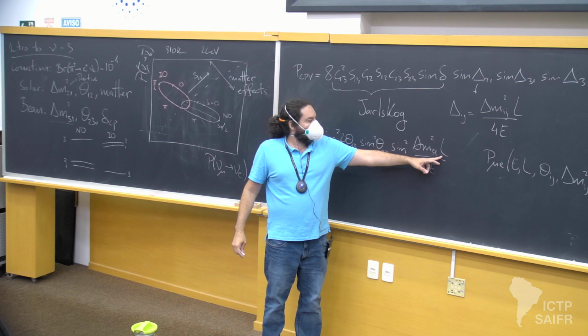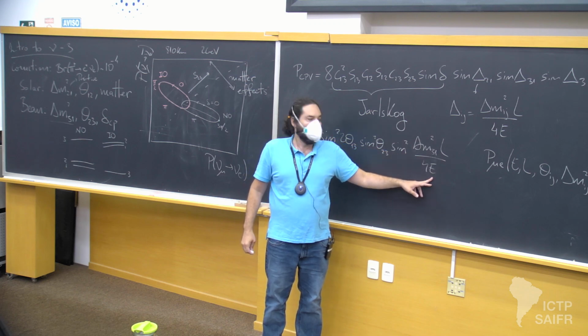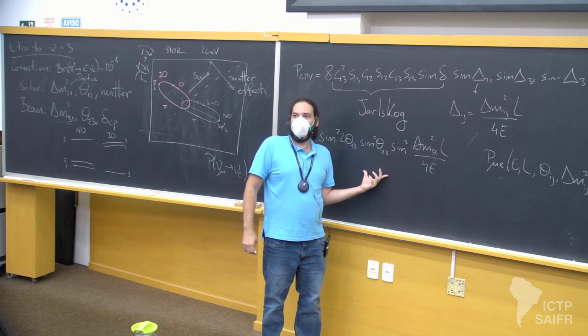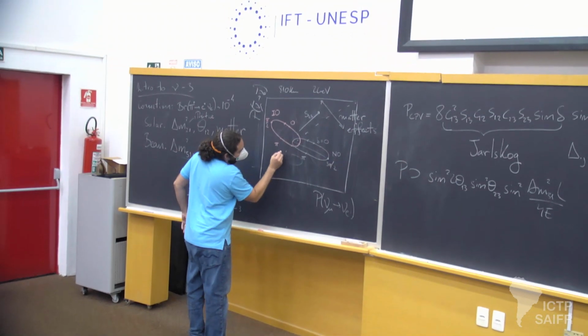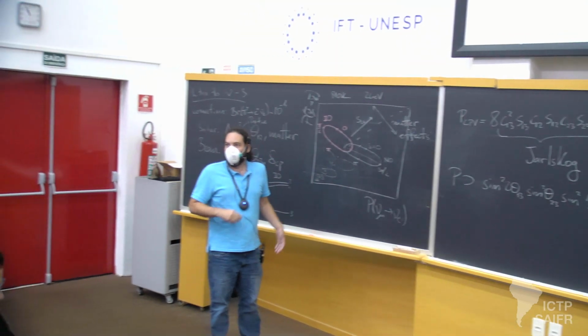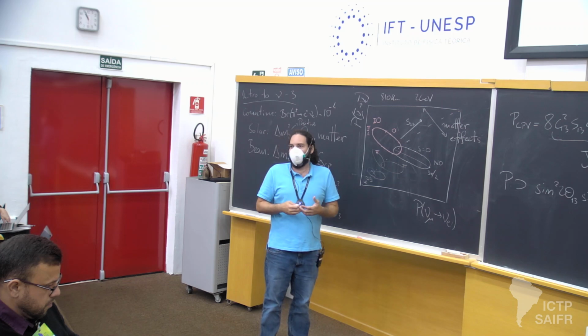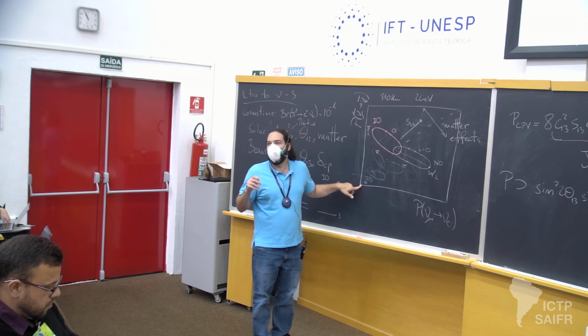If I send the energy to a very large value, then I don't have oscillations anymore. So this ellipse will start coming closer and closer to 0, right? There is a limit in which I send the energy to infinity, the probability is 0, we're done, so you're at a point here.